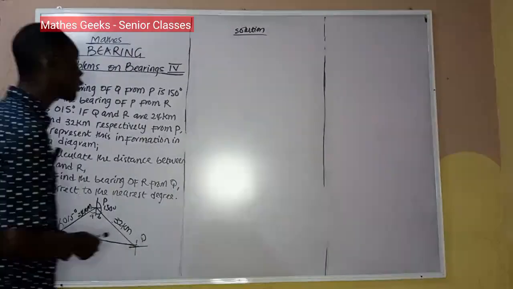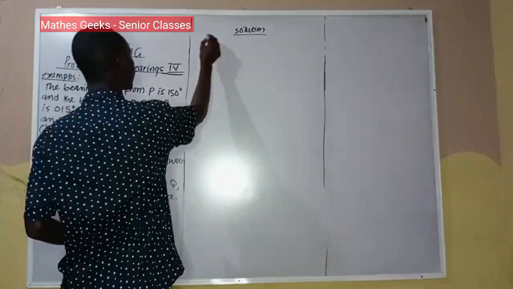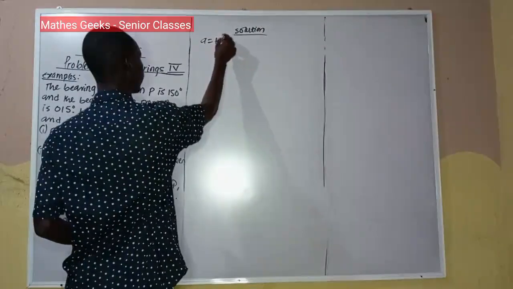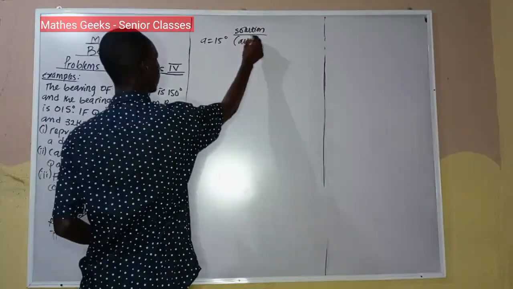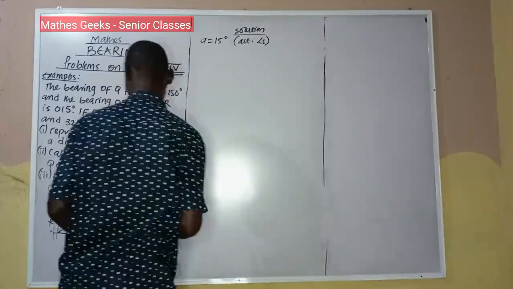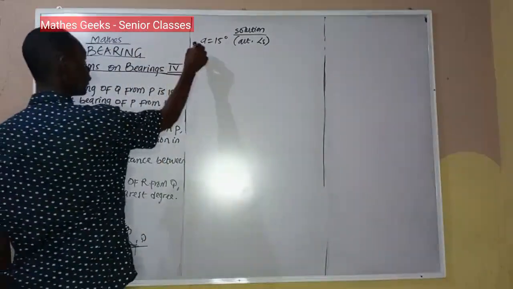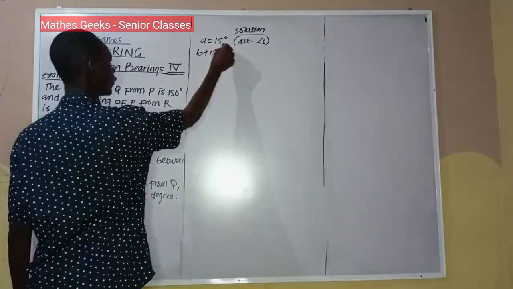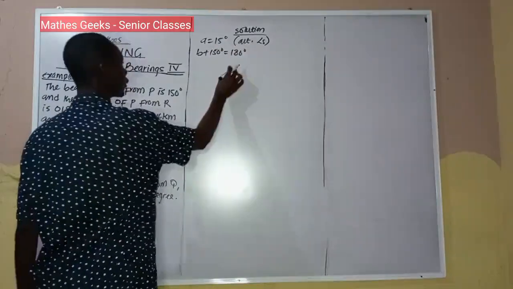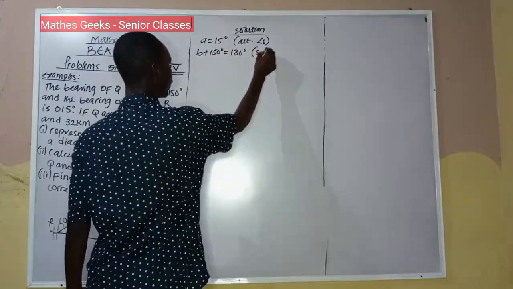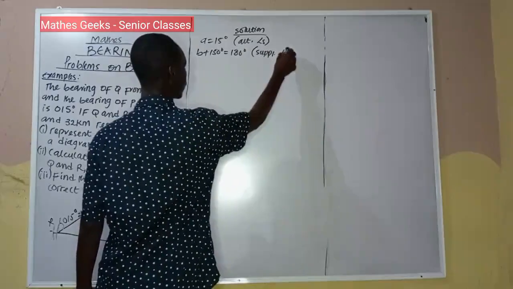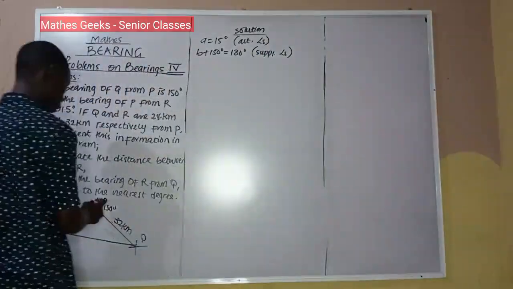A is equal to 15 degrees, alternate angles, and B plus 150 degrees equals 180 degrees, supplementary angles or angles on a straight line.